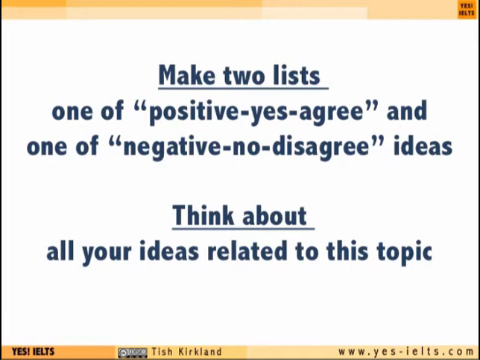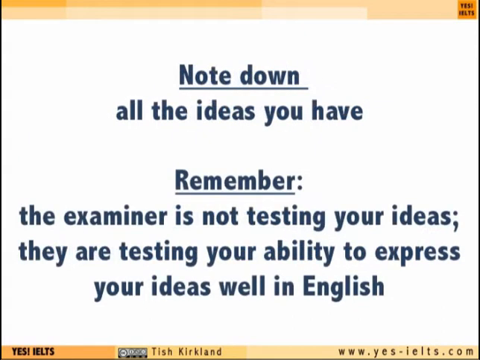Think about all the ideas you have which are related to this topic and the yes-no question, and quickly note these down. Remember, the examiner is not testing your ideas, but your ability to express them well in English.